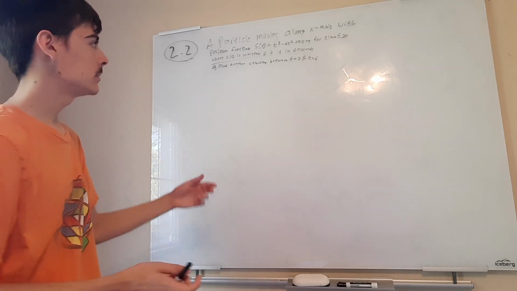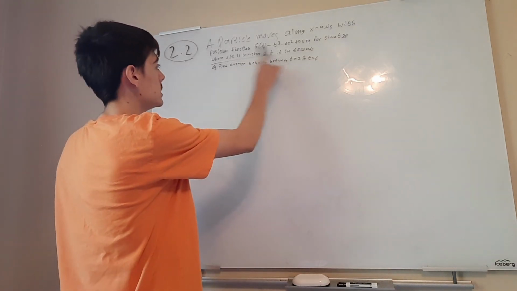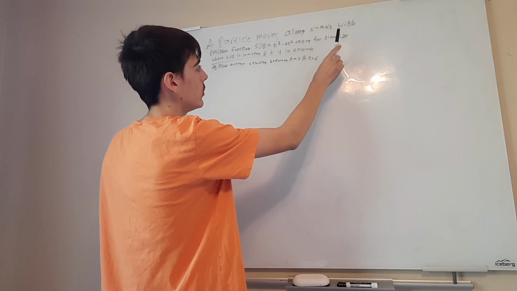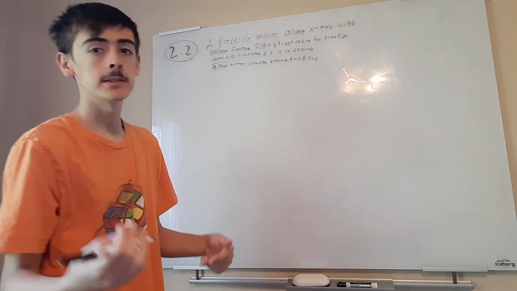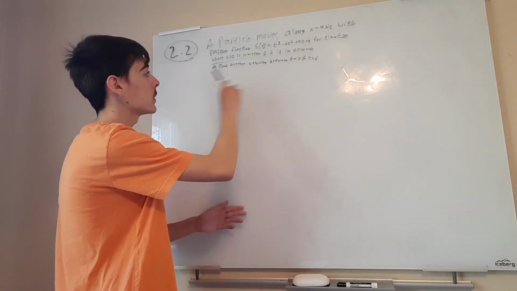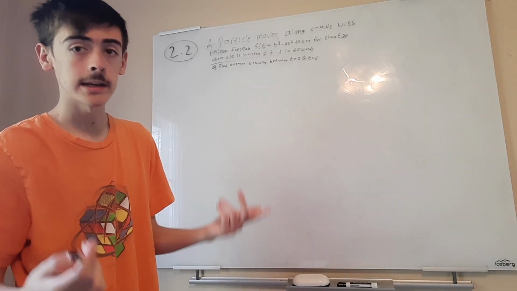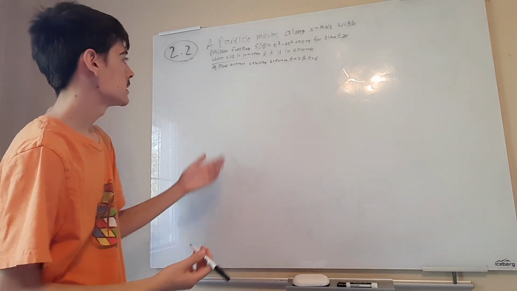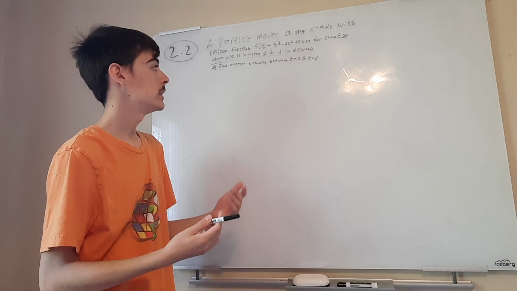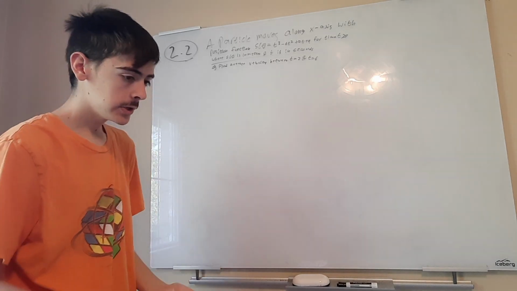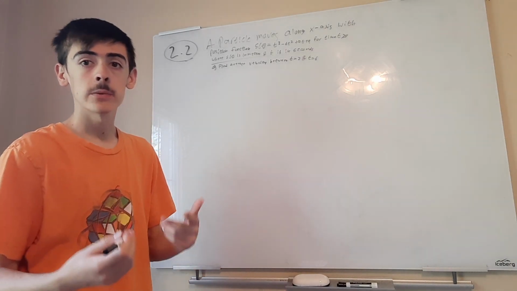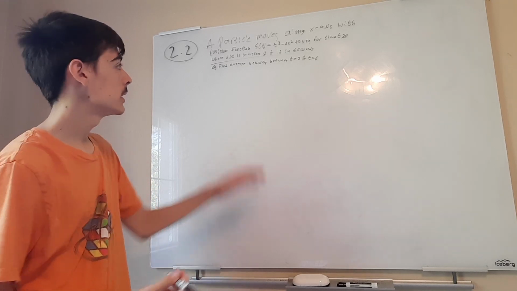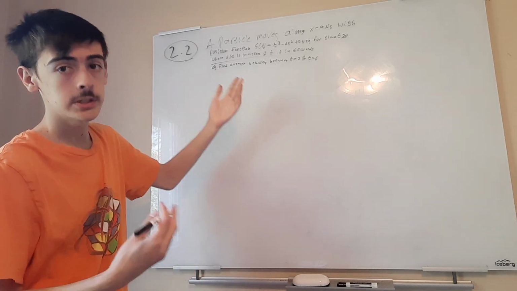So basically what this problem is giving us is our position function, and we are told that it only works for when the time is greater than or equal to 0, and we're given our units, which are meters and seconds. So part A asks us to find the average velocity between t is 2 and t is 6. So remember, average velocity means that we're going to use our average rate of change formula, but with the position function.